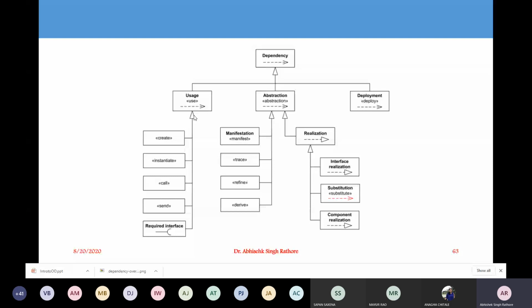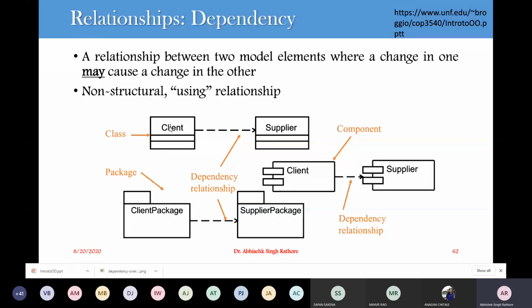So create is a usage dependency that denotes the client creates the instance of the supplier. It is denoted by the standard stereotype create. So what is the main usage? The main usage of the create usage dependency is that the client creates the instance of this supplier class in this client class.